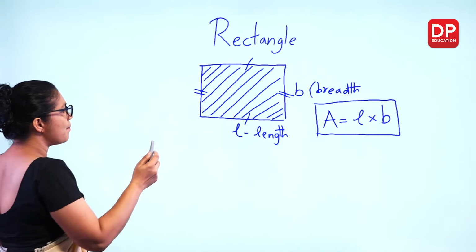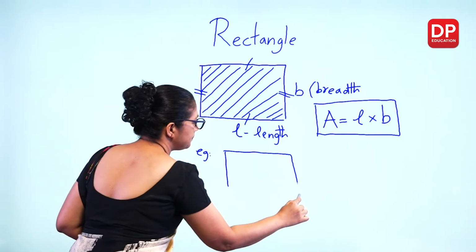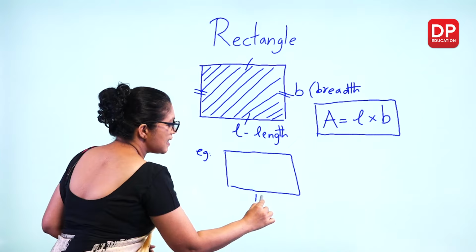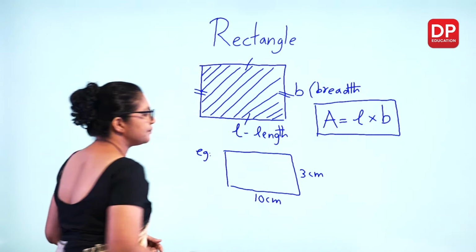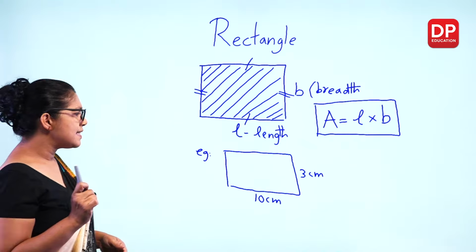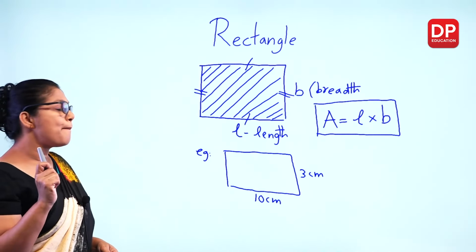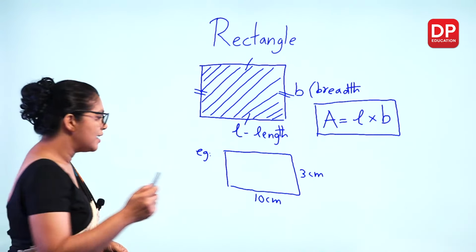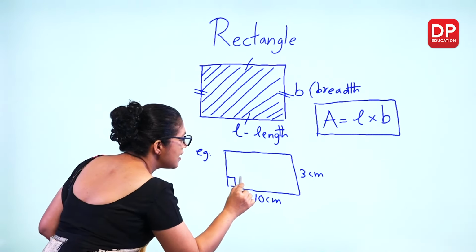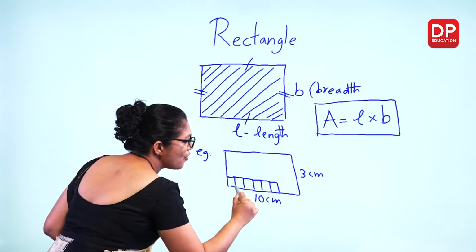We'll take some examples. Example, if this is 10 centimeters and 3 centimeters. What does it mean? We know 1 square centimeter means 1 centimeter by 1 centimeter square. If we divide into 1 centimeter squares, how many squares can you draw here?